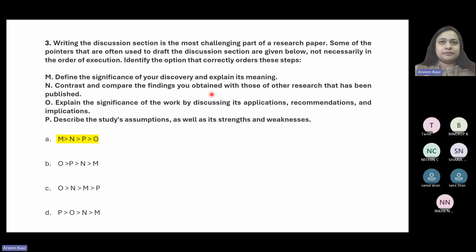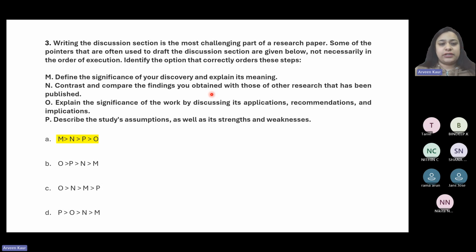But when we are drafting it, we ourselves know what is the study we have done, what are the observations we have obtained, and what is the result that we have seen, right? And we have gone through some literature while writing an introduction also, which suggests what other kinds of things people have done.